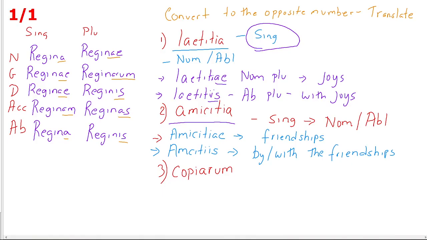Okay, let's solve this one also, and then we'll take another 3 examples for additional solving. So copiarum. Now identify whether it is singular or plural. Why plural? Because of the arum. And arum, where do we find it? In the genitive plural. Now we have to convert to the opposite number, so from plural to singular.